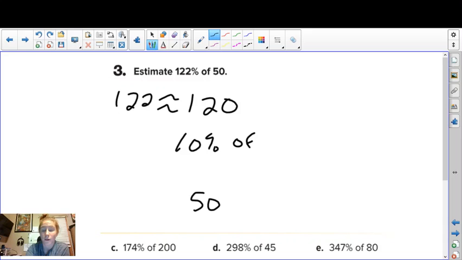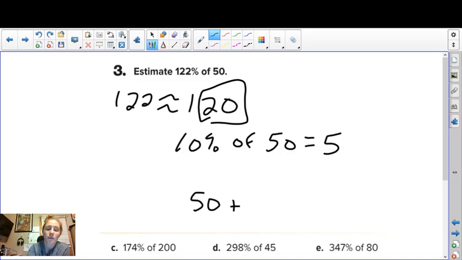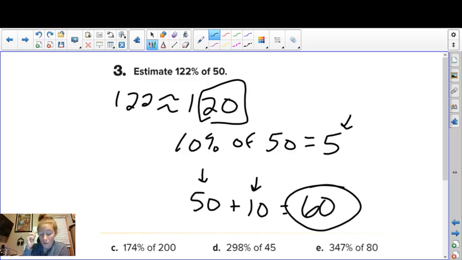I talk louder and quicker than I write apparently today. 10% of that is 5, and I have 120, so I need 2 5s, which is 10. So I take my 100%, which is the 50, that's the total I have already, plus the 20%, which comes from the 10, which we said 10% was 5, and 50 plus 10 gives me 60. So 122% of 50 is about 60.